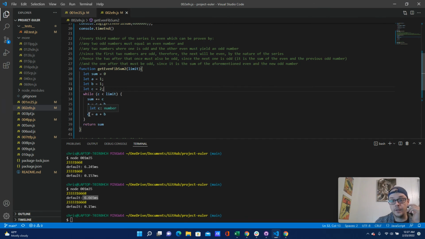C now has to be even because the two previous numbers are odd. So we start out by adding C to the sum. We get the new numbers for the next go around, and we add it again until finally we get the answer.